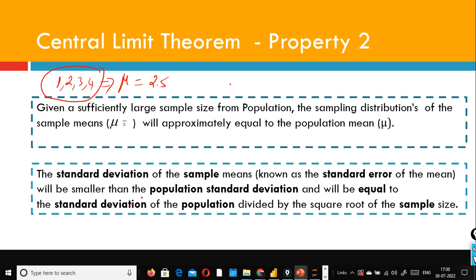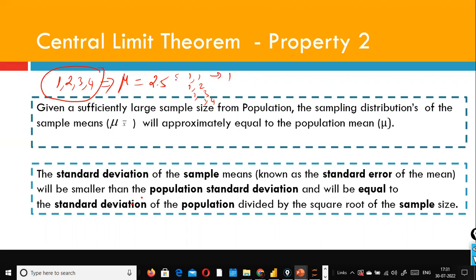If I randomly sample data with replacement, what is the maximum possible number of samples I can draw with size 2 with replacement? 1,1; 1,2; 1,3; 1,4, right? So what is the average here?